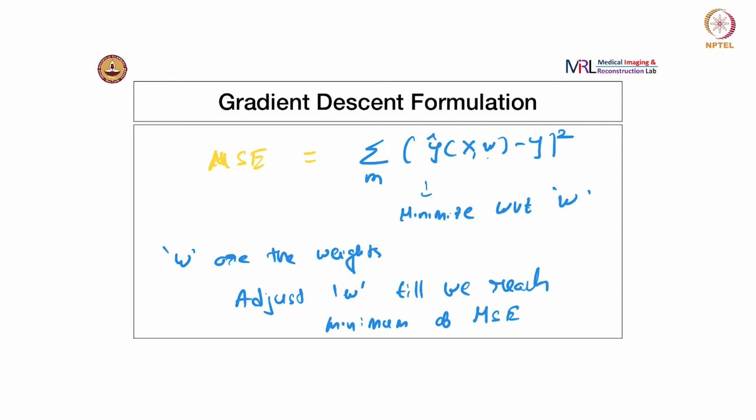We'll just talk about how one would go about estimating w using this gradient descent formulation, especially in the context of linear regression. So let's consider some function f of x. This is a single variable.